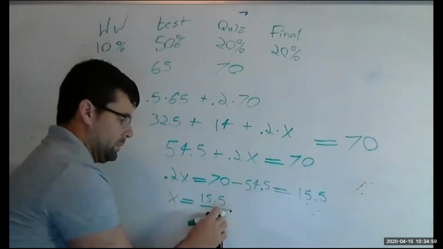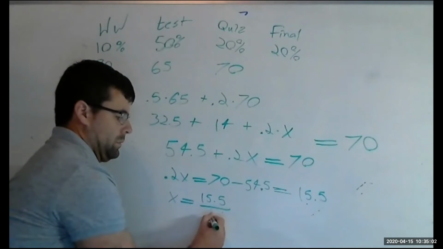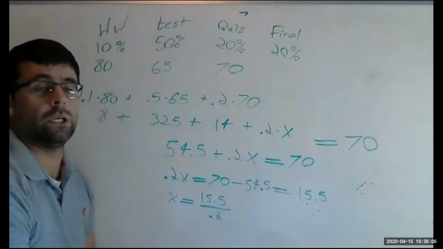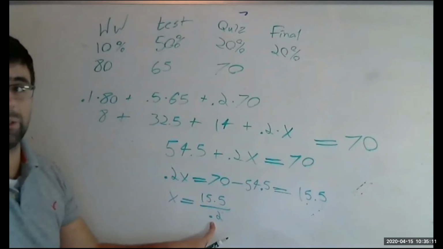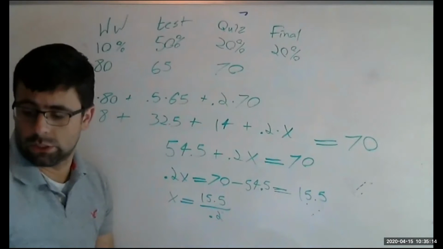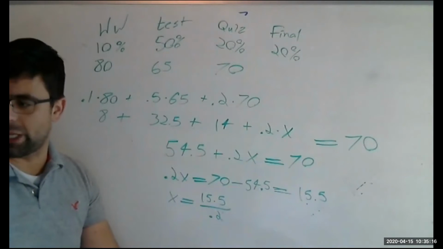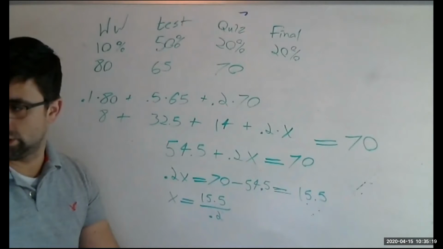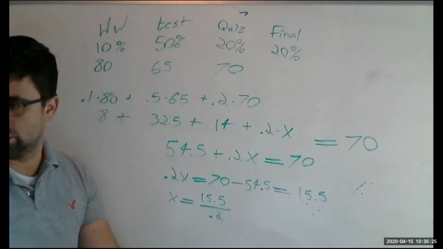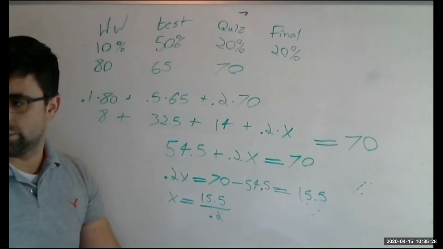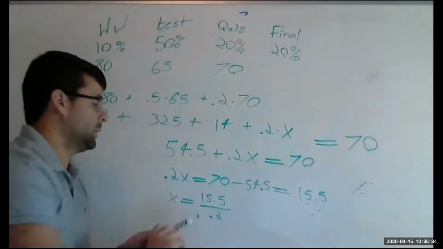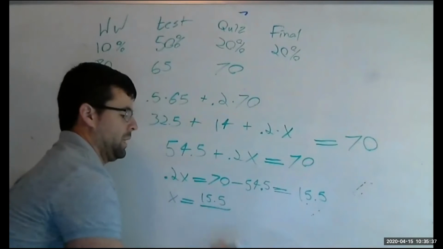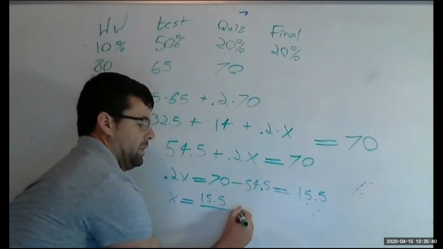Nope, sorry. But what is dividing by 0.2 the same as multiplying by what? So this is the same thing as multiplying by 5.